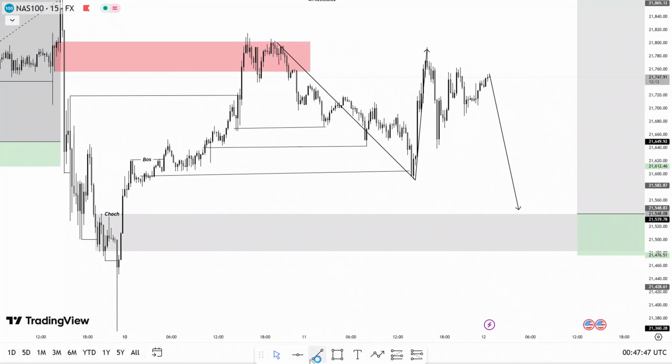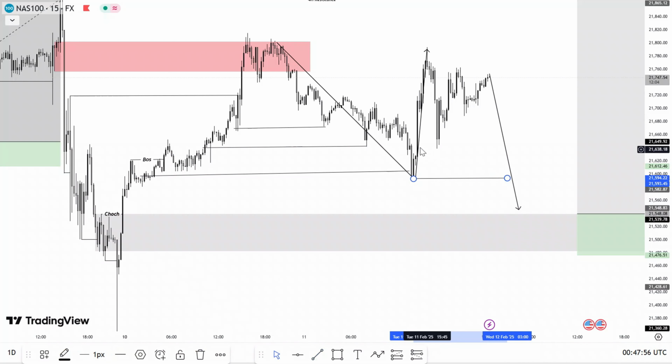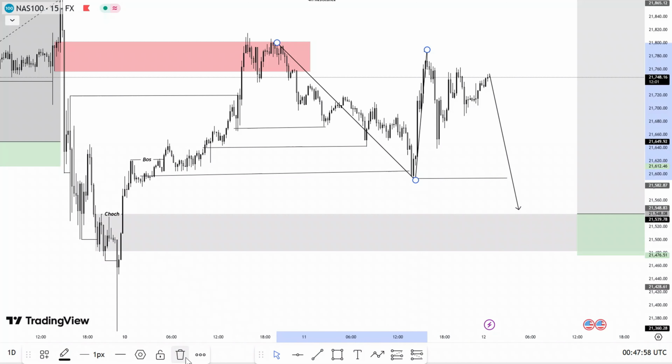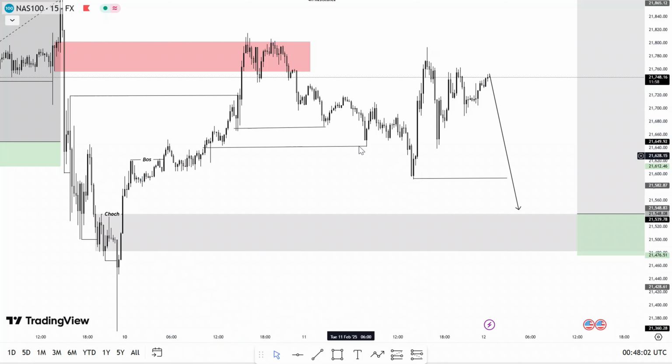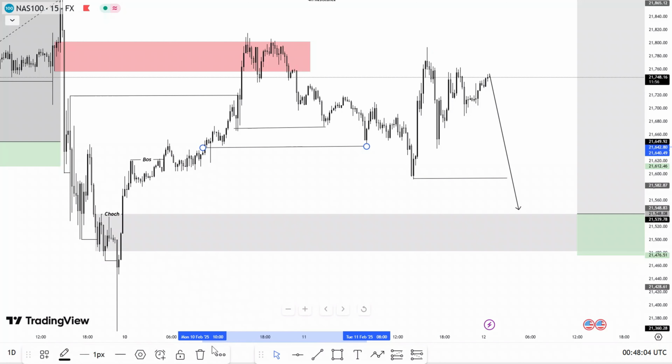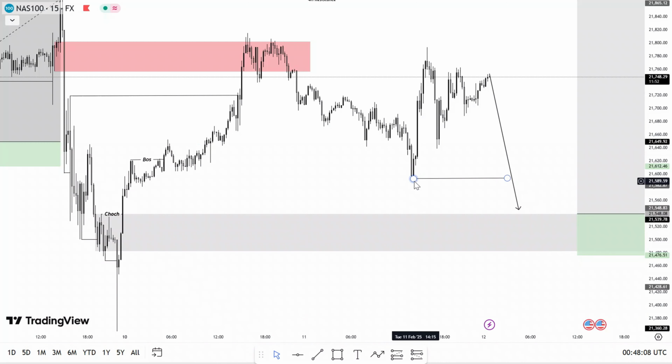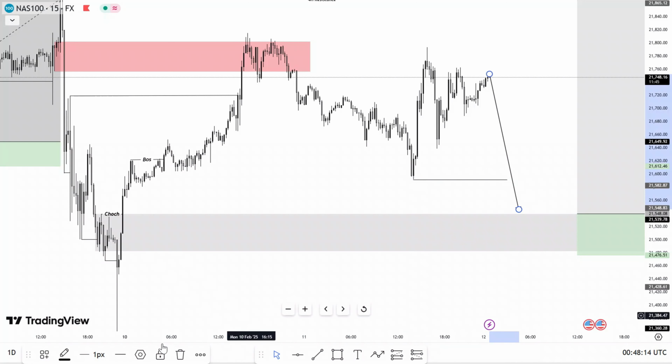Now, the market has created the liquidity to that available order block here. This is now a liquidity to that available order block, because there are going to be a lot of buy limit orders at that particular point.